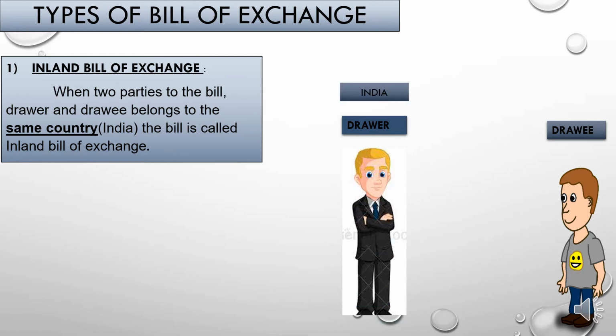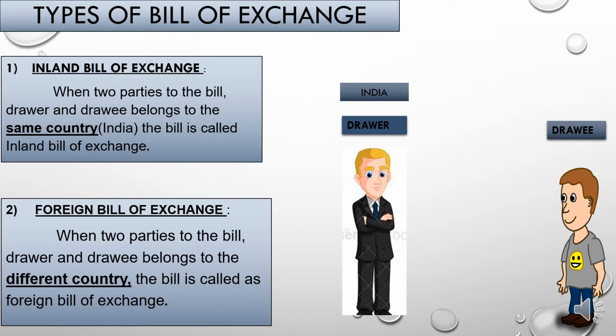That is, the drawer is from India as well as the drawee is also from India. That means both are from the same country, that is India. Therefore, the bill which is drawn by the drawer on the drawee is known as inland bill of exchange.